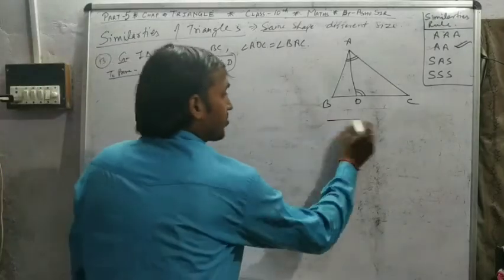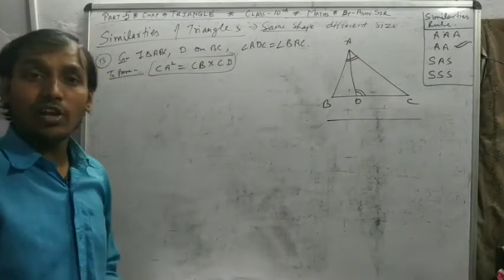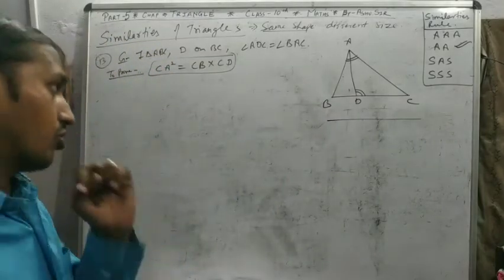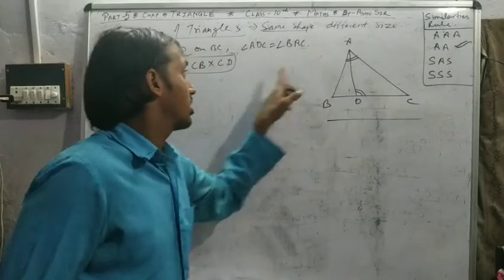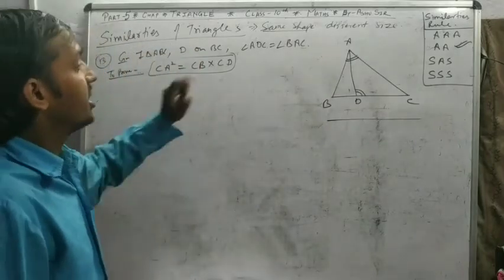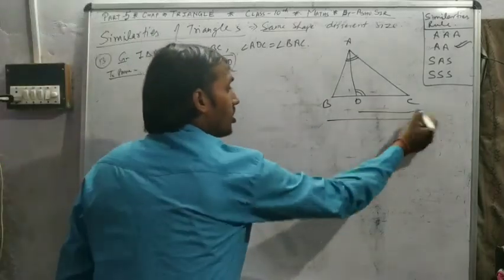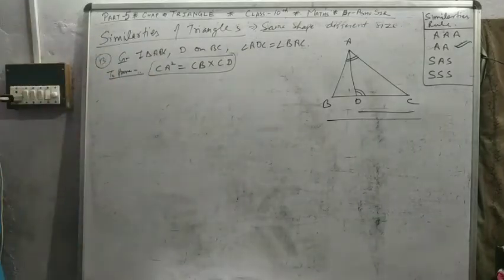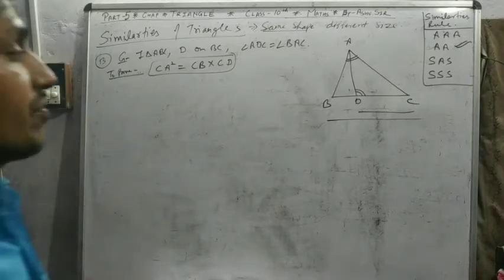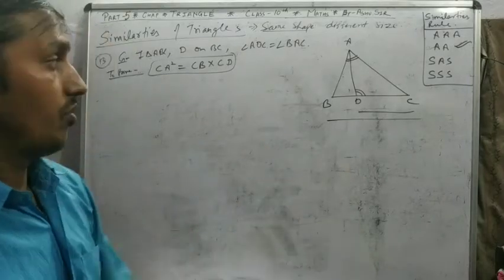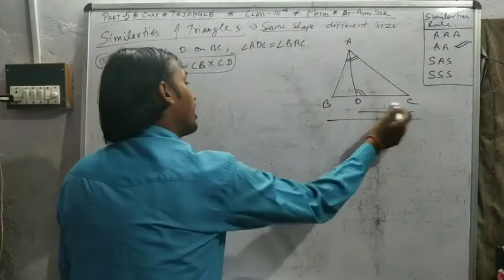CB is in triangle ABC, the big triangle. Where is CD? CD is this, and CD is part of triangle ADC. In this question there are 3 triangles, but we want only 2, which have BC and DC.